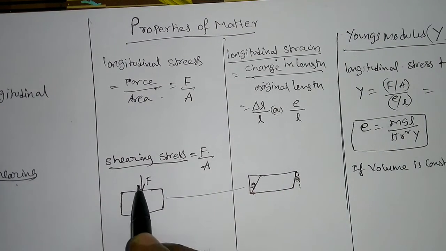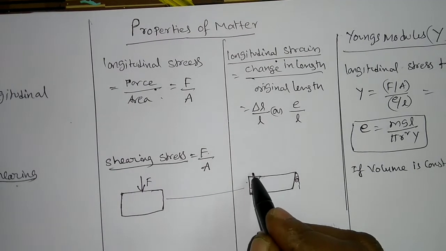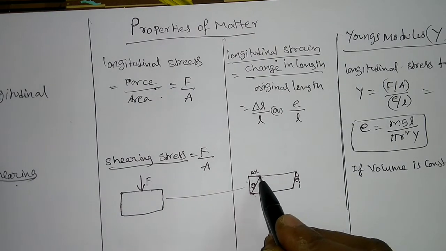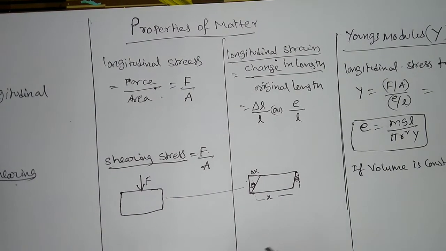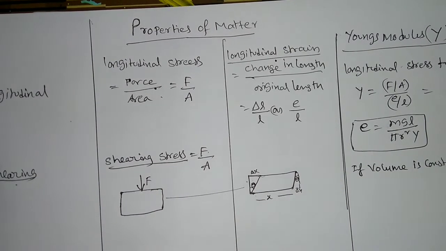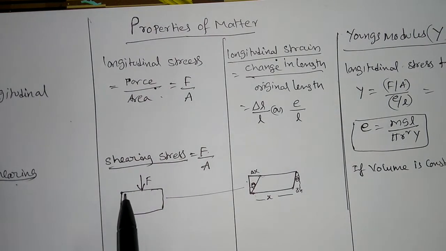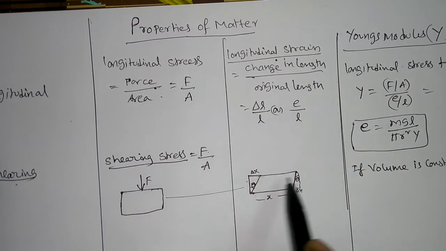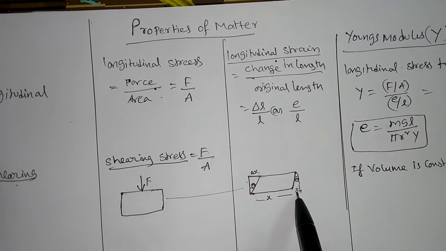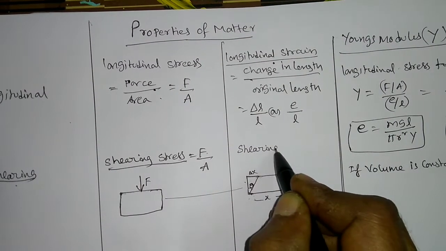Applying the same force here, the force will be shared on both sides. Say this is delta x, and the actual length is x. The shearing will be delta x, this is also delta x. That means this F force applied at a single place will be shared like this. Delta x will be the change, x is the original value. That means we can state the definition of shearing strain.